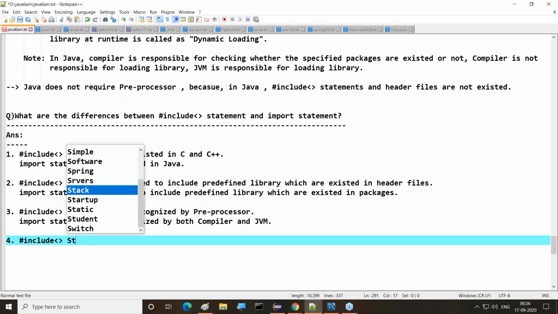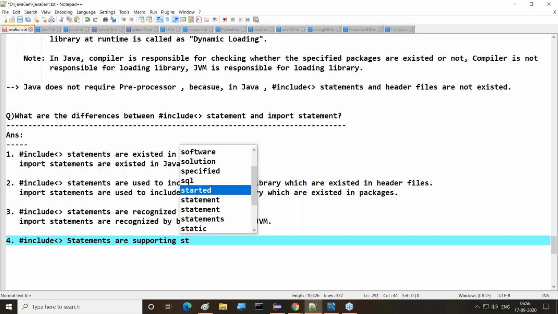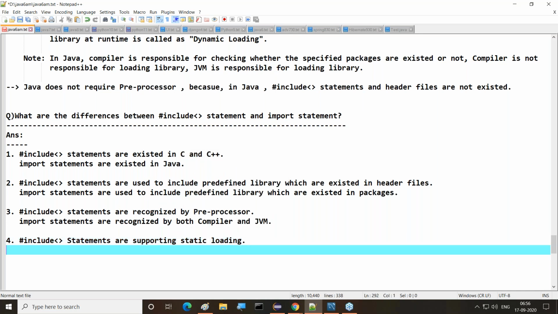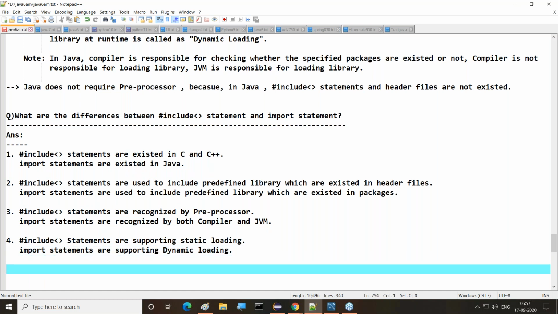So hash include statements support static loading, whereas import statements support dynamic loading. Import statements support dynamic loading. Hash include statements support static loading.